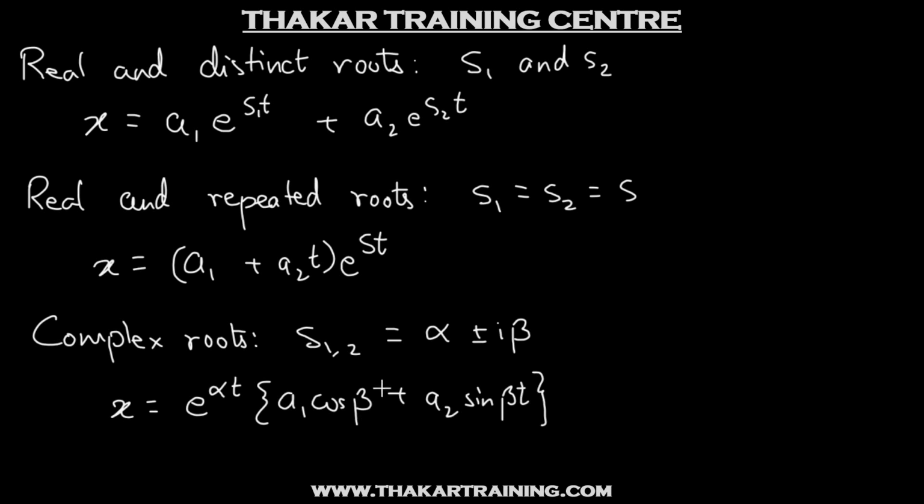This is what we have studied in differential equations. When you have real and distinct roots, the solution form is this; real and repeated roots, this; and for complex roots, this is the solution form. Now, by looking at these three solution forms, can you tell me which of them shows an oscillatory motion?